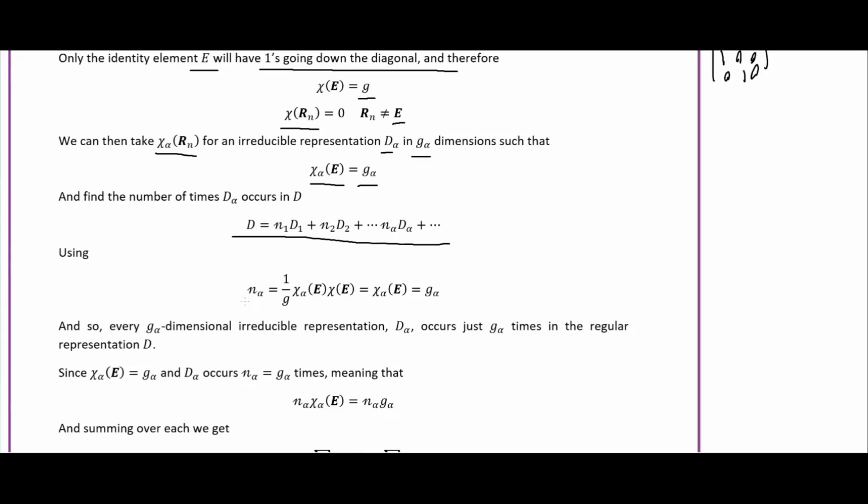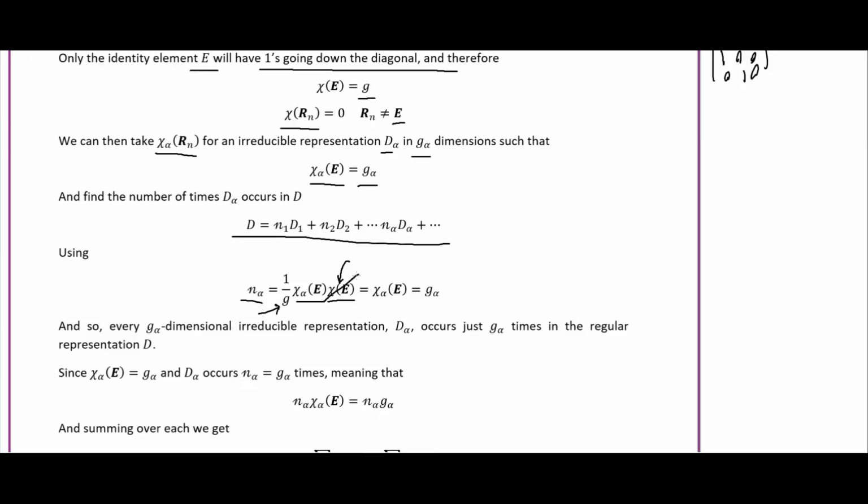And so we can find out how many times it's in there by taking the alpha version, which is some other dimensionality, times the dimensionality of the regular representation. So, for instance, if this chi alpha was 3 dimensions and this regular representation was 6, it'd be 3 times 6, but then we are dividing here by the dimensionality.